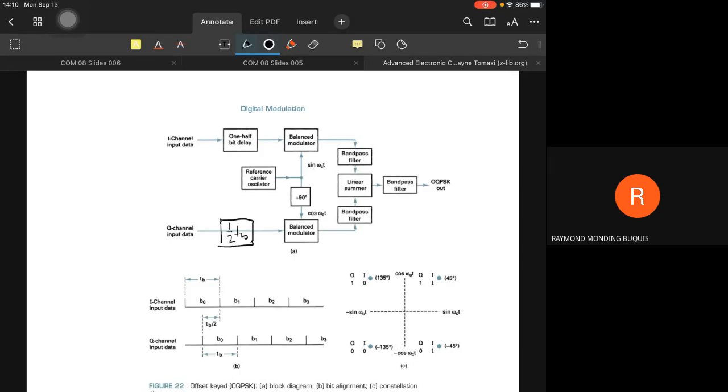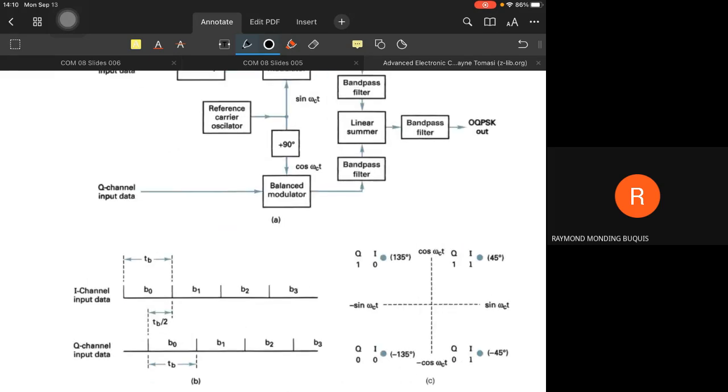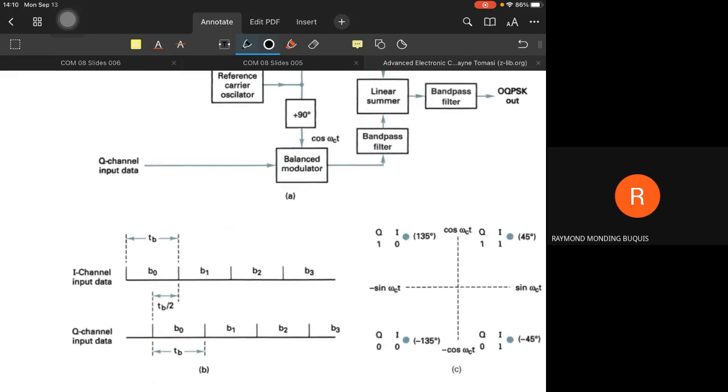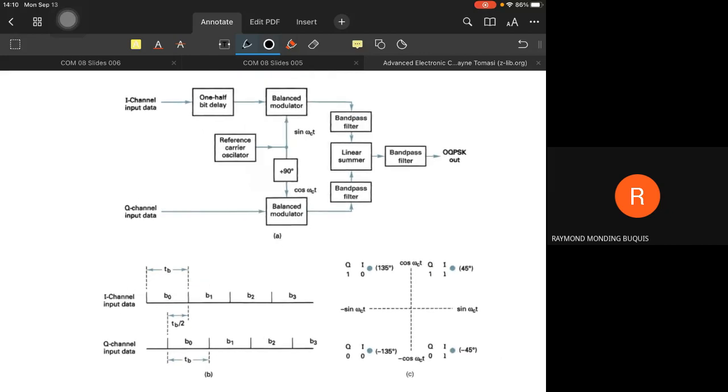Again, as we had earlier, it matters in the constellation diagram. But the important thing to remember is to delay one channel by 1/2 bit. The block diagram of the modulator and this graph do not match. Anyway.